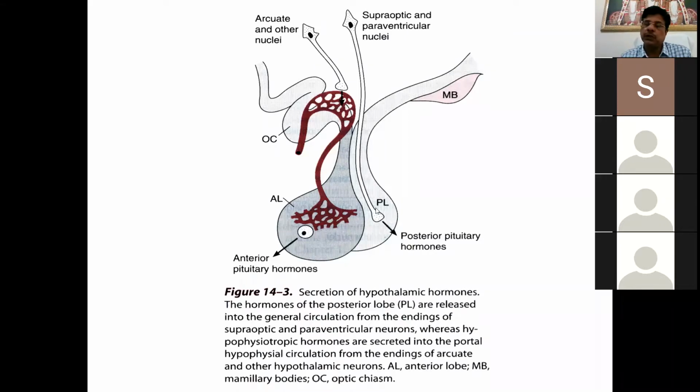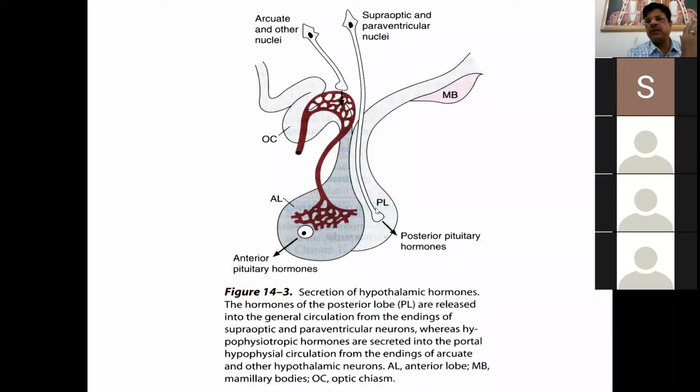Thyrotropes are the cells which secrete thyroid stimulating hormone. I told you that there is a controversy. Some said it is the same cell, but now they say another cell is there. What is the remaining hormone? Prolactin. So lactotropes. There is one cell called lactotropes, and the lactotropes are the ones which secrete prolactin.